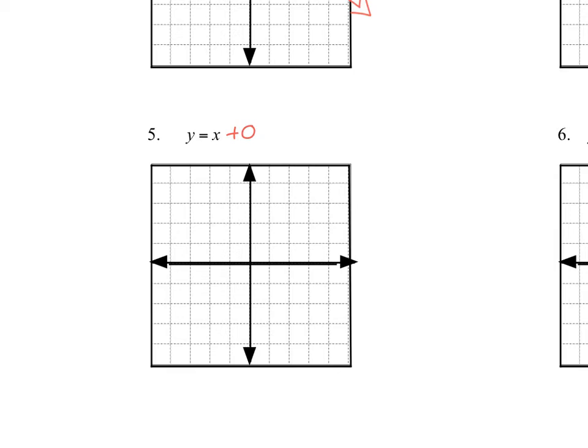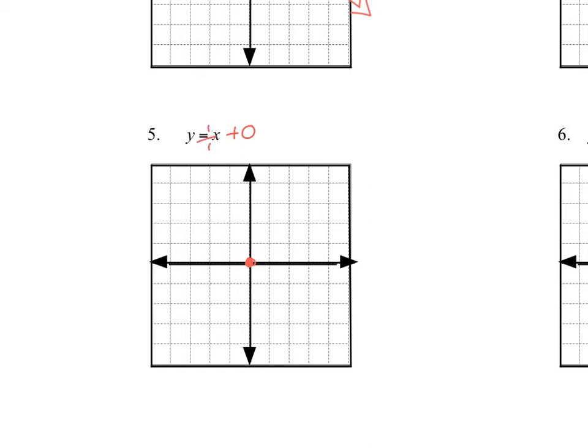So when it has no y-intercept, we are going to start at 0, because it's the same as saying +0. The coefficient in front of x would be a 1. And remember, we want to write our slopes as a fraction, so it should be rise over run. So I'll put that here.